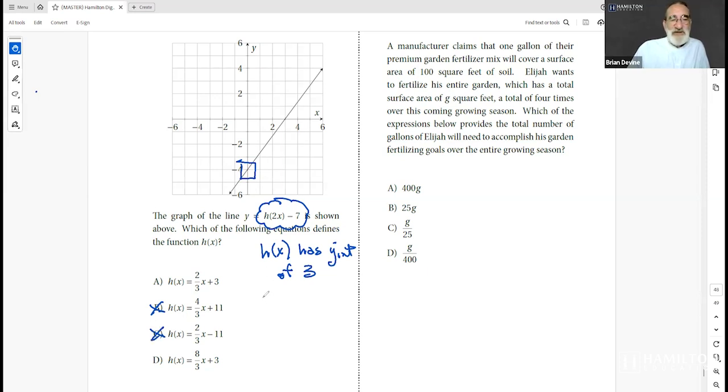And we can see that the slope of h of 2x is 4/3. We can see that we went up 4 and we went over 3.